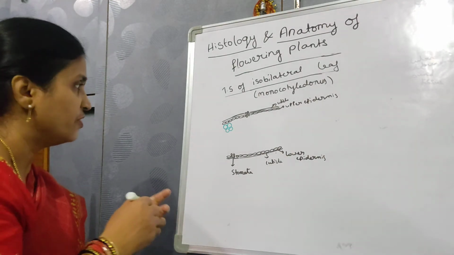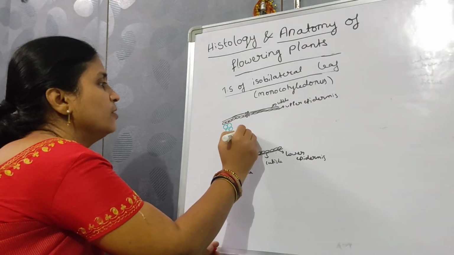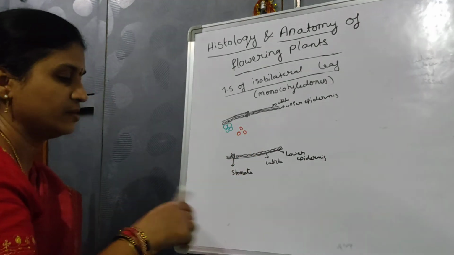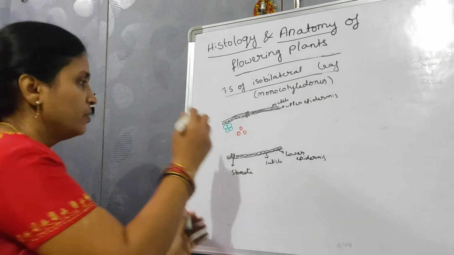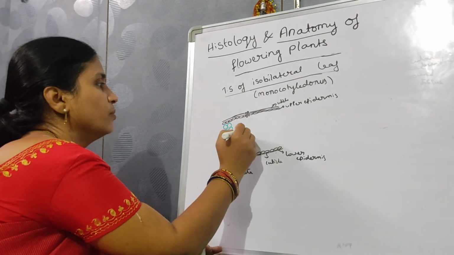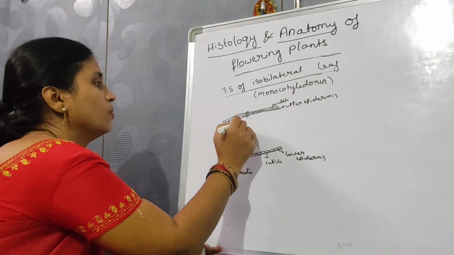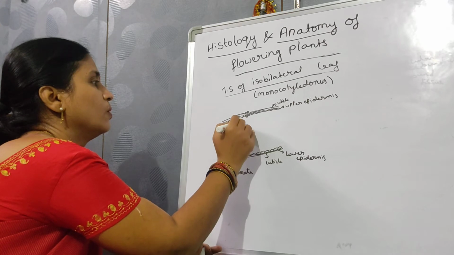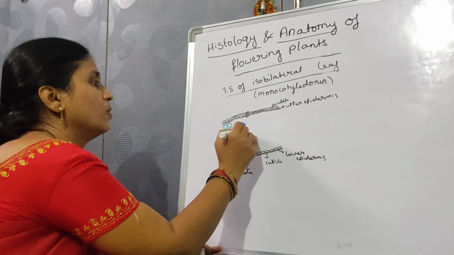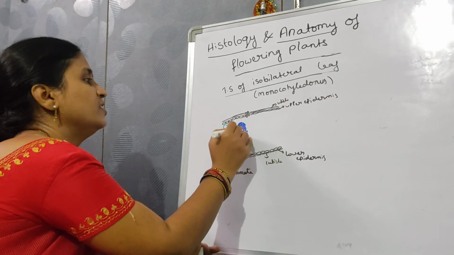First we'll draw xylem and phloem. Here xylem and phloem are present. There are no bundle sheath cells here.